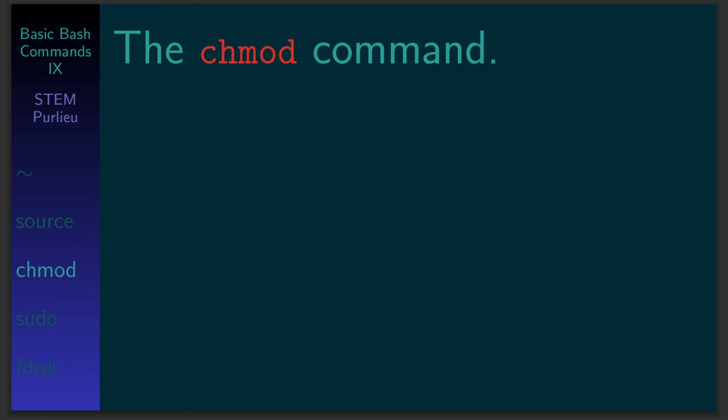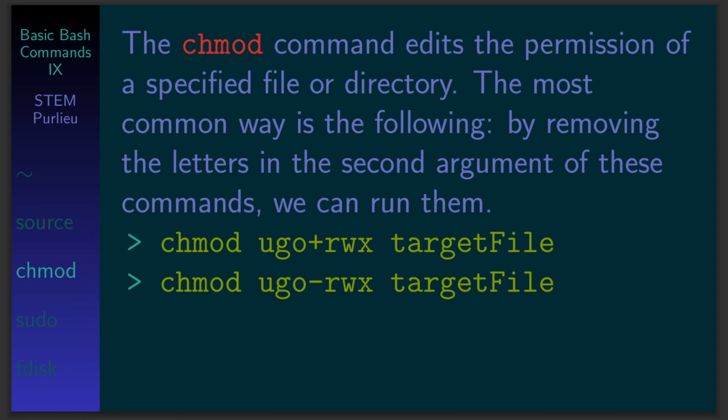Now let's cover the chmod command. The chmod command edits the permissions of a specified file or directory. We'll use the chmod command by saying chmod, and then a sequence of characters, and then a target file. The sequence of characters in the middle indicates what we're changing the permissions of the target file to.